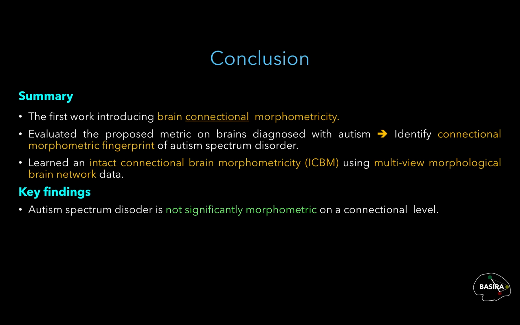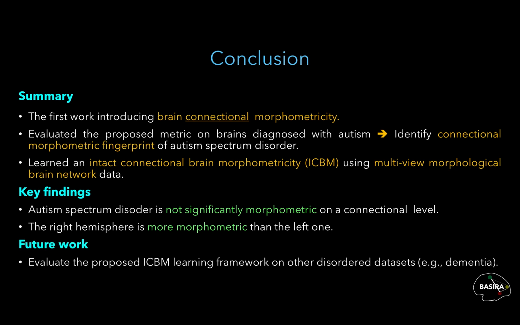We also discovered that the right hemisphere is more morphometric than the left one. However, these preliminary findings need to be further investigated using larger autistic datasets. In our future work, we will evaluate the proposed ICBM learning framework on other disordered datasets, for example, dementia, and compare it with the conventional brain morphometricity.